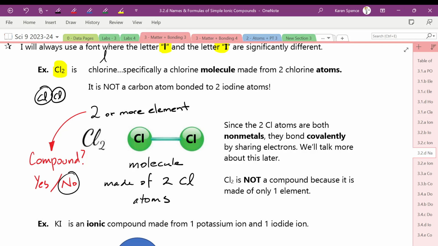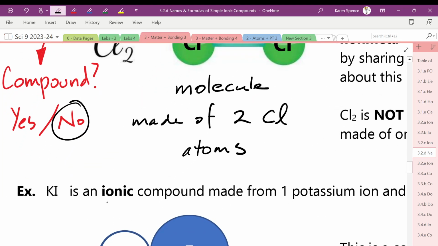How do I know that KI is an ionic compound?